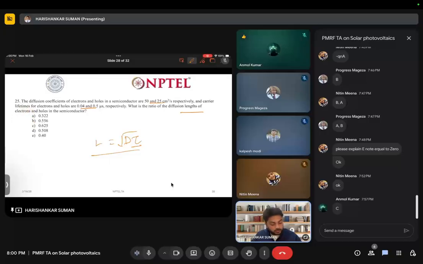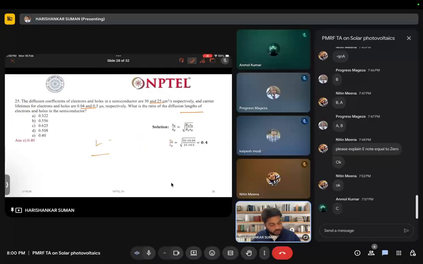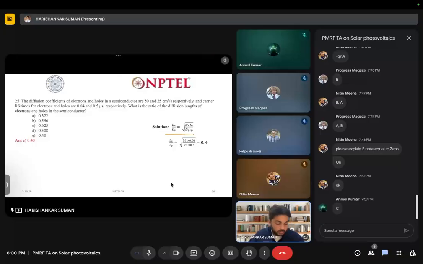Both are given, so you just have to take the ratio. So please see. We have applied it for electrons and holes and taken the ratio, and put these numbers, 50 and 25, and the carrier lifetimes tau, and you will get 0.4.